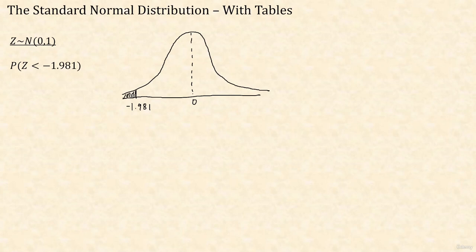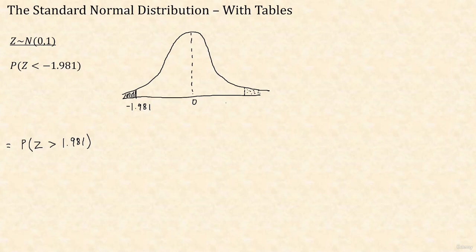What we do here is we do something clever. We use the symmetry of the normal distribution to say, what is that the same as? The probability that z is less than that point is the same as the probability that z is greater than positive 1.981. Because hypothetically, if we had the same point here but positive, then this region over here would be the same as this region down here.